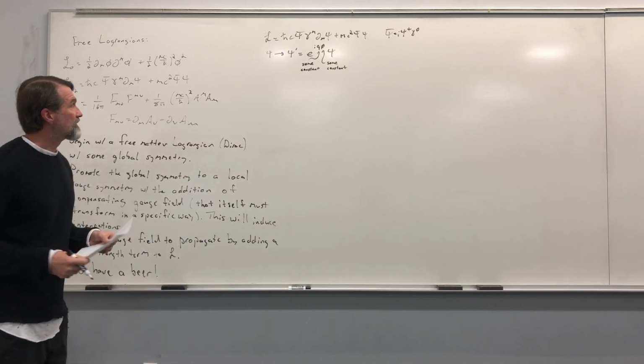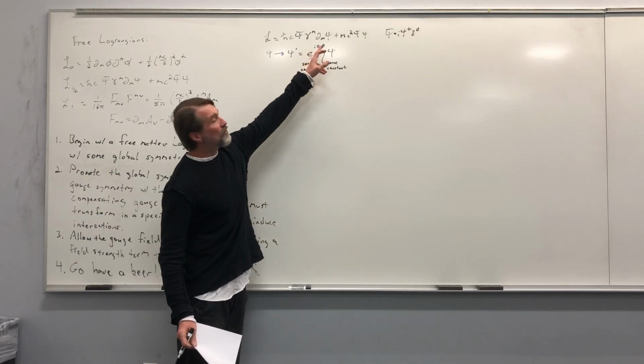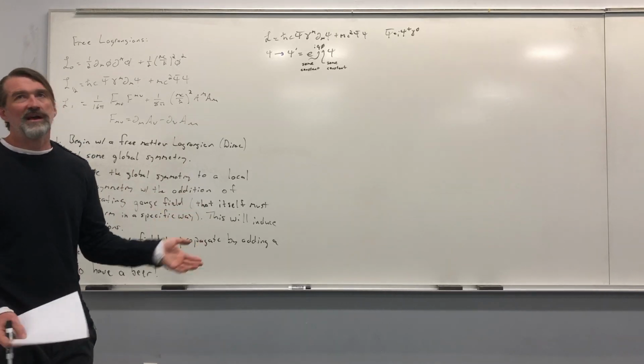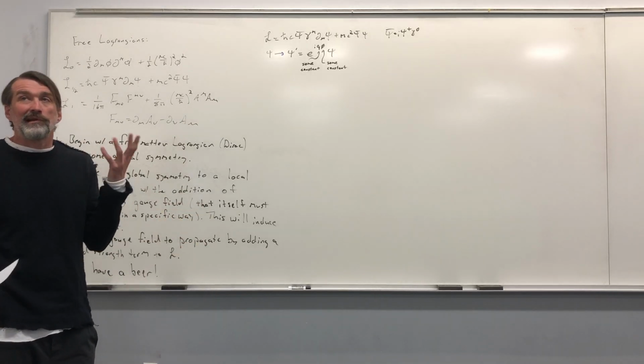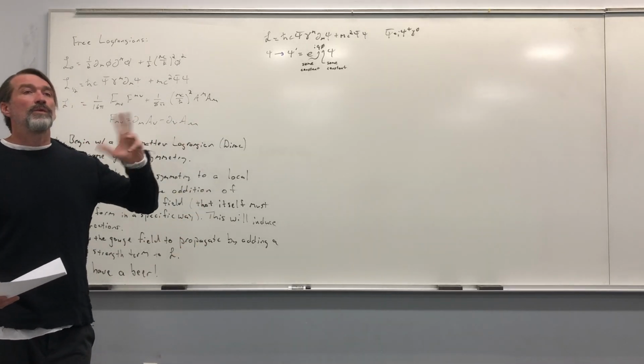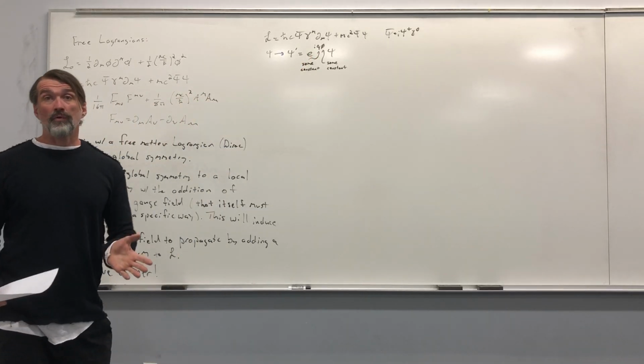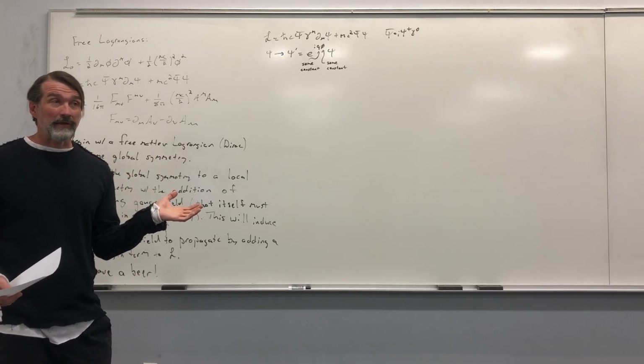Now, the fact that I have 2 constants there might seem a little stupid because the product of 2 constants is a constant. Why are you doing 2 constants? In a minute, we'll change the story. So having 2 terms there is going to play a very important role. But for now, it's going to look a little silly.